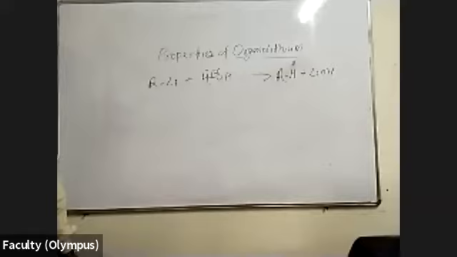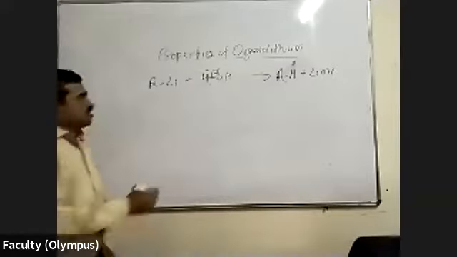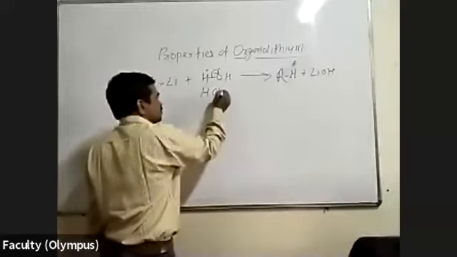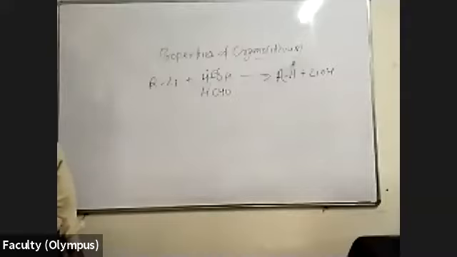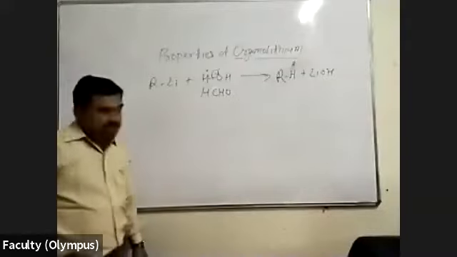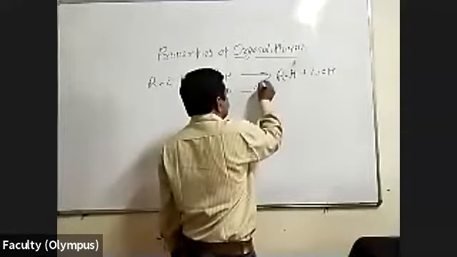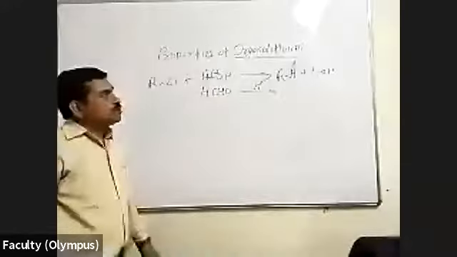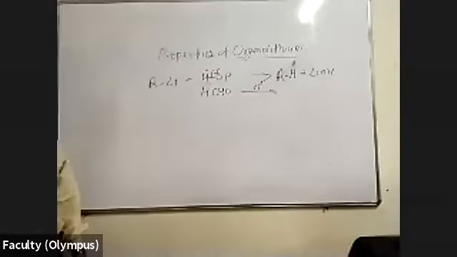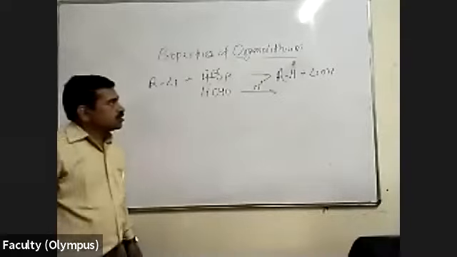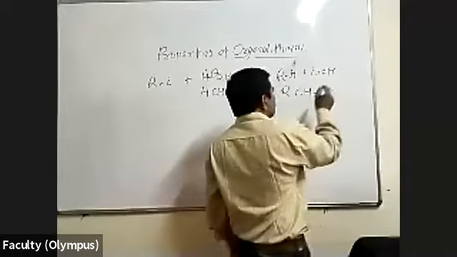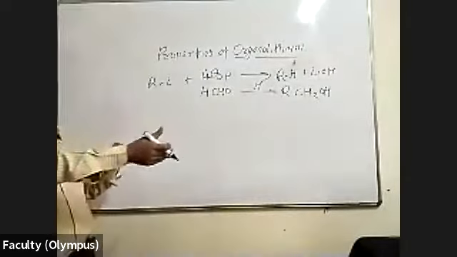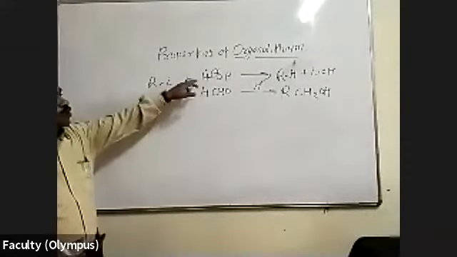Now, if we take formaldehyde, HCHO, when it reacts in an acidic medium, H plus, then we get the primary alcohol, RCH2OH. These same reactions occur with Grignard reagent also. When Grignard reagent reacts with water, we get an alkane.